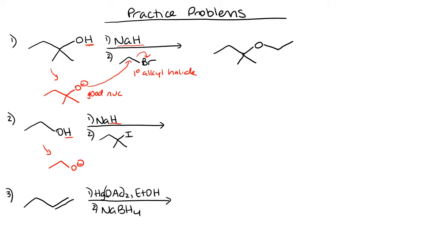Now it's important to note that we have a leaving group on a tertiary carbon. So this is a tertiary alkyl halide. Now the Williamson ether synthesis involves an SN2 mechanism in the second step. And what we learned in OChem 1 is that tertiary alkyl halides cannot do SN2.